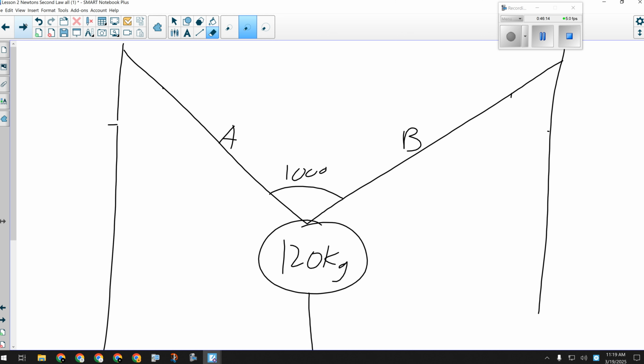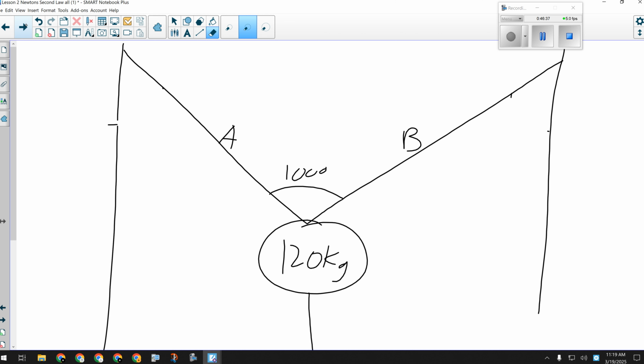All right, let's finish off with this one. Also a static condition question. Let's say this is like at McMahon Stadium, where they have the big speaker or the Jumbotron that hangs down from cables. So it's 120 kilograms hanging by cables.